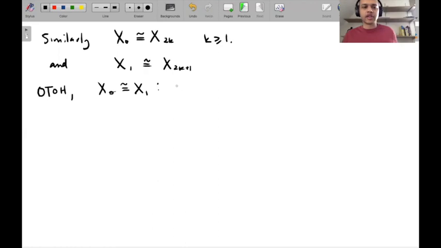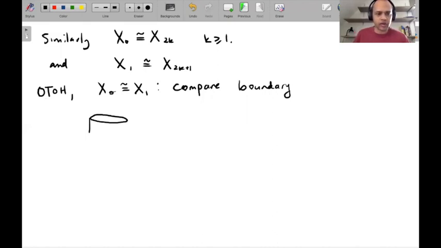And you can see this by comparing the boundary. So let me explain this at least intuitively. So here's x0 and x1 again.